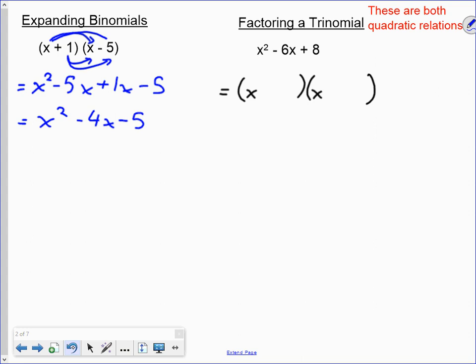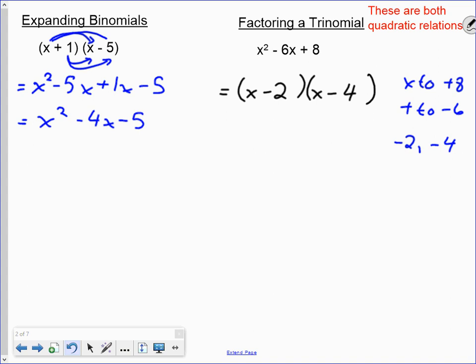So we needed two numbers that would multiply to give us that positive 8 and add together to give us that middle number, negative 6. We would think of pairs of numbers. In this case, our numbers are negative 2 and negative 4. They add to give us negative 6 and multiply to give us positive 8. So we would get x minus 2, x minus 4.